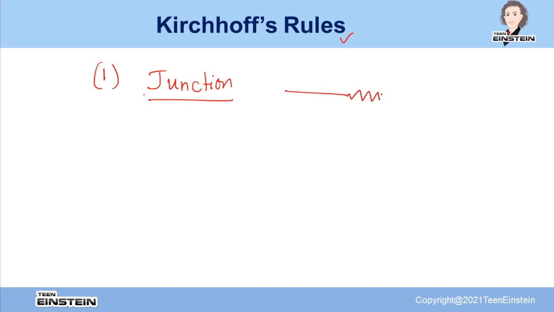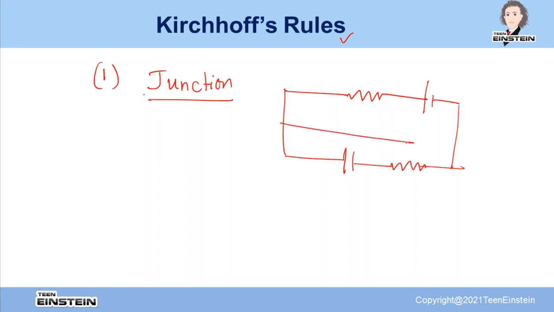Junction of a circuit, if I draw a circuit, suppose this is resistor, this is another a battery, and then this is another battery, okay, another resistor, like this, and then I draw another resistor over here. Okay, maybe I'll just draw it. Okay, another battery suppose, and then a resistor over here.